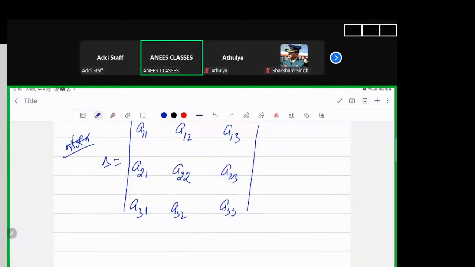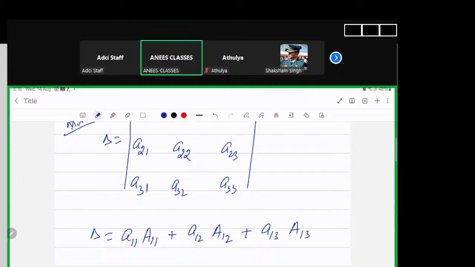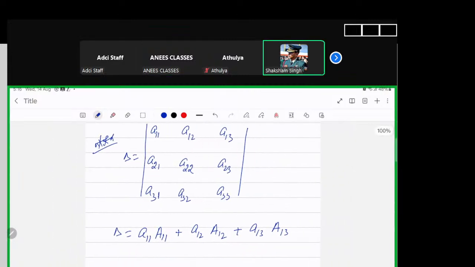This is the determinant delta. For the delta, suppose that you have taken A11 value, then cofactor along A11, plus if you have taken A12, cofactor along A12, plus A13, cofactor along A13. Understood? Tell me. Yes, sir.